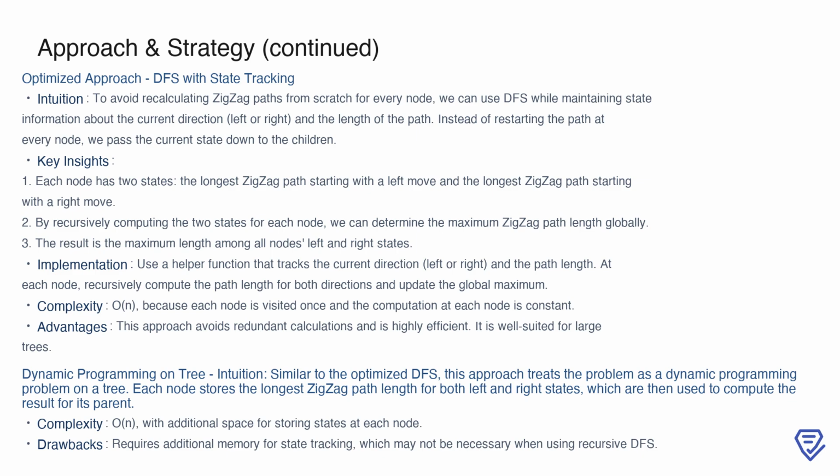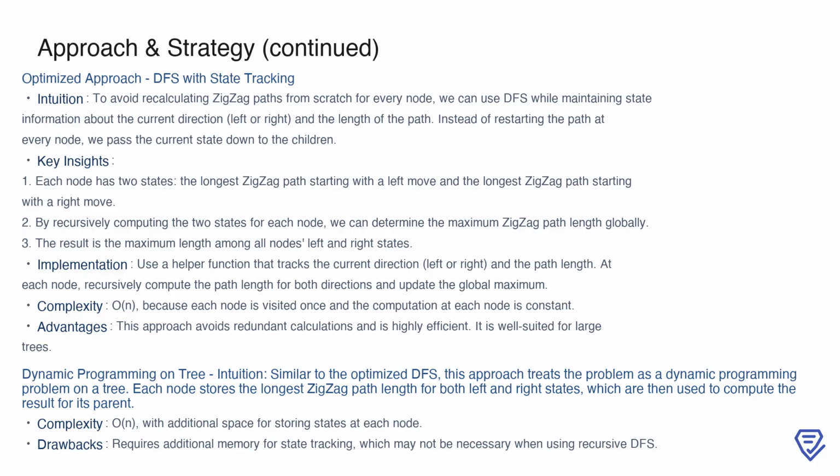A more efficient solution is the optimized approach using DFS with state tracking. The key here is to avoid recalculating paths repeatedly by maintaining state information during the traversal. Specifically, for each node, we keep track of 2 states, the longest zigzag path starting with a left move and the longest zigzag path starting with a right move. By propagating the current state down to the children during the DFS traversal, we can compute the maximum zigzag path length without restarting the calculation from each node.